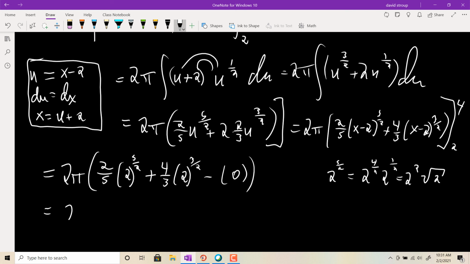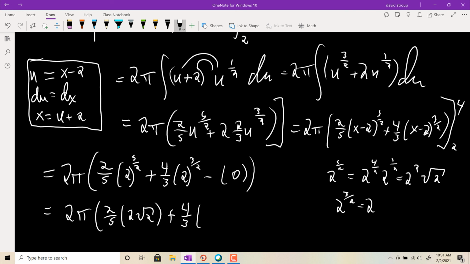So we have 2 pi times 2/5 times 2 root 2 plus 4/3 times 2 to the 3/2, which is the same as 2 to the 2/2 times 2 to the 1/2, which is 2 to the 1 times root 2. Okay, so this will be 2 root 2.